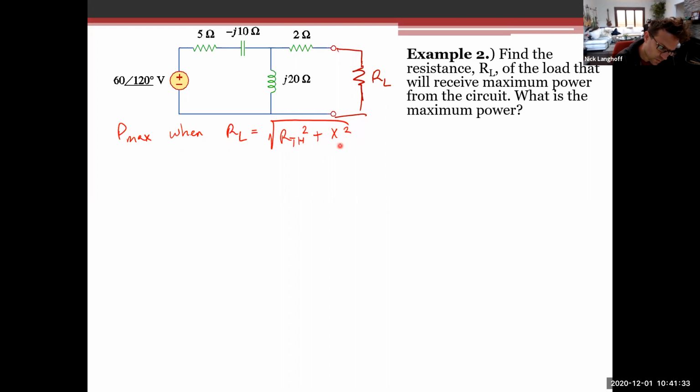I think that's actually supposed to say X Thevenin. My notes said XL, but that doesn't make any sense because there's no reactive component to the load.